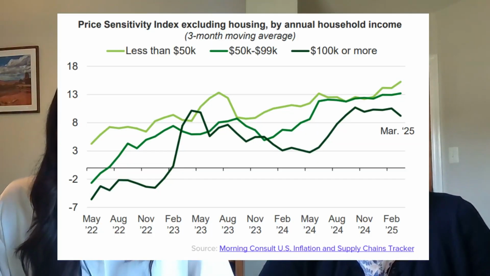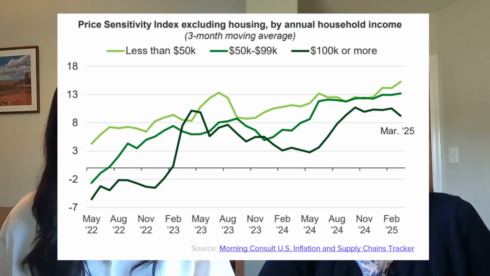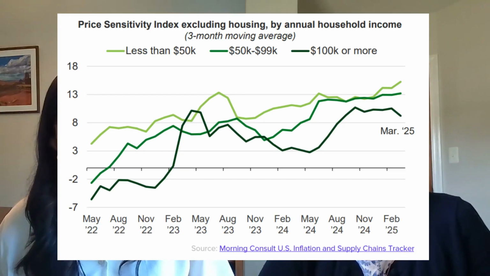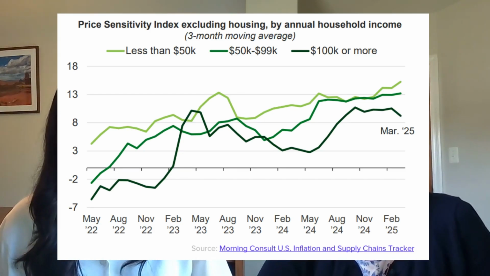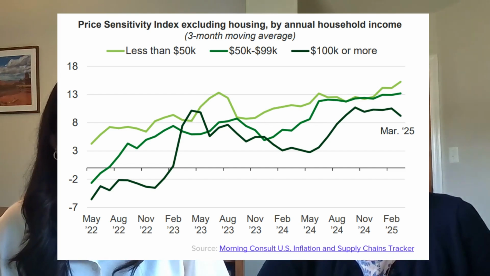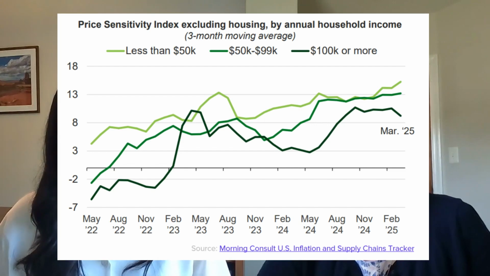Our price sensitivity data, as a reminder, measures the share of consumers who walk away when they experience a higher than expected price. And it also ties back into what we were talking about with income. It's particularly high for our lower income consumers, but it's at record highs for all of our consumers.